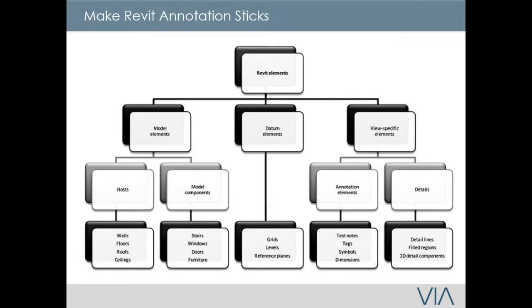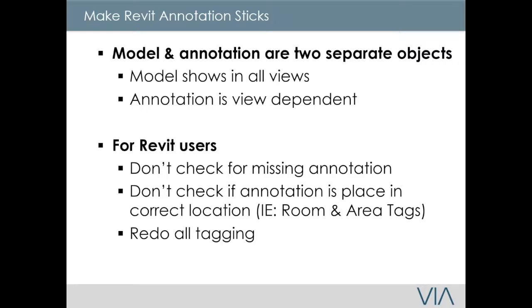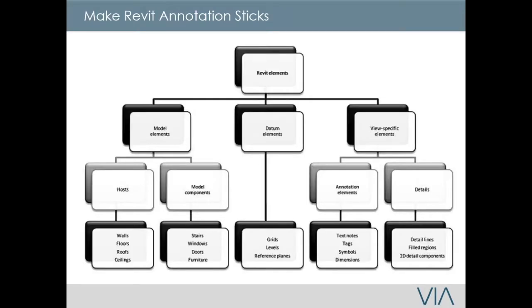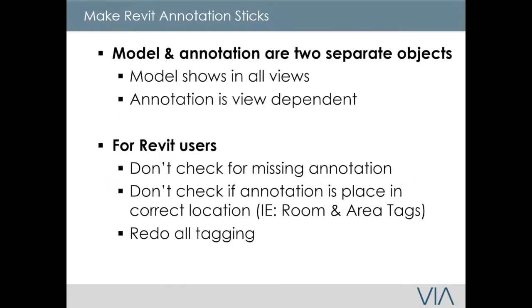This is how Revit does its thing. You have your model elements, and then you have view specific and datum. Model and annotations are two separate objects. That's how they designed it. Model elements will show up in all views, while annotations are only view dependent. Everybody understood how that works.